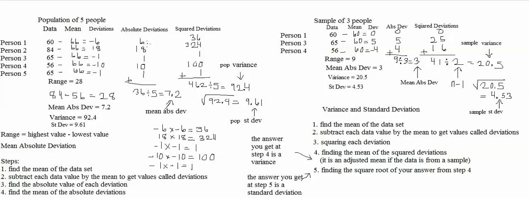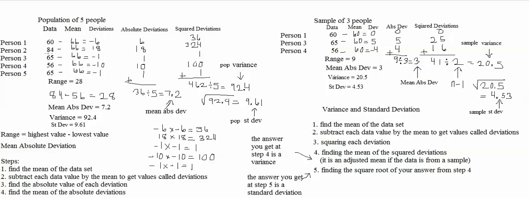This row has an absolute deviation of 6, and what this absolute deviation of 6 is showing is that this person's data value of 60 is 6 away from the mean of 66. What this absolute deviation of 18 is showing is that this person's data value of 84 is 18 away from the mean of 66.